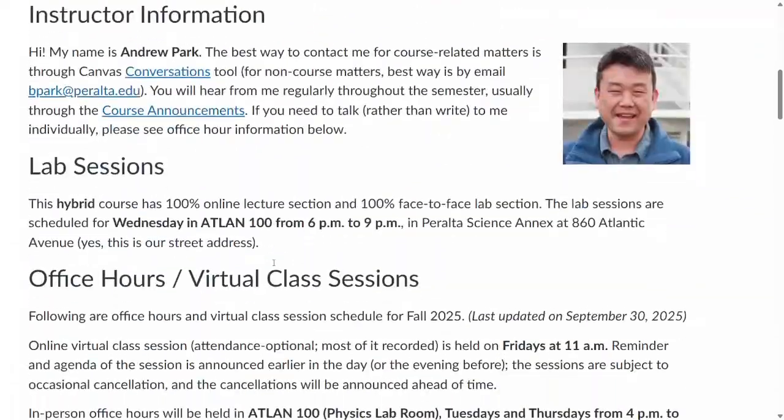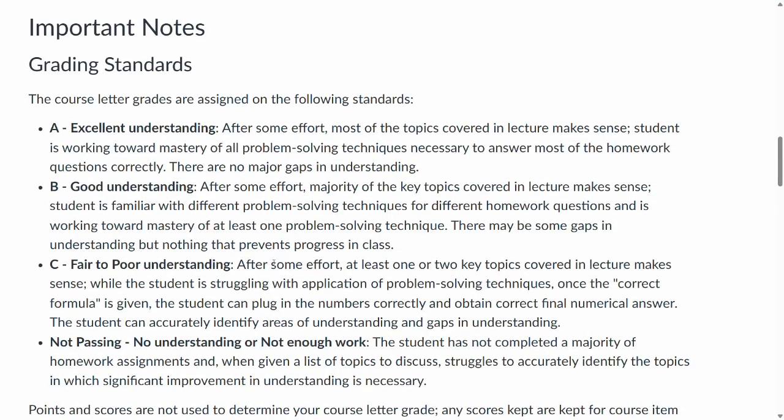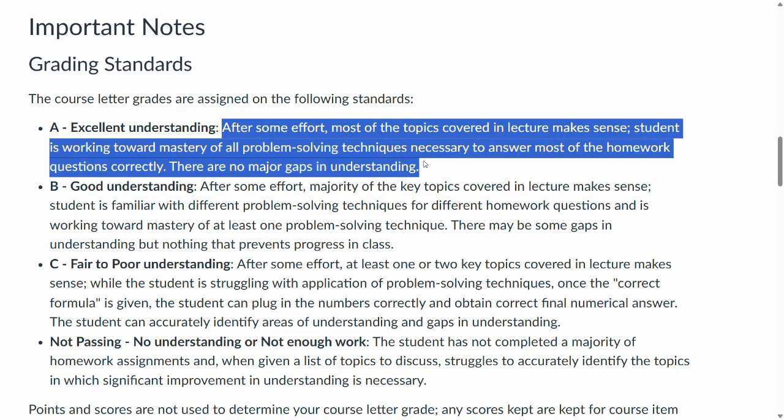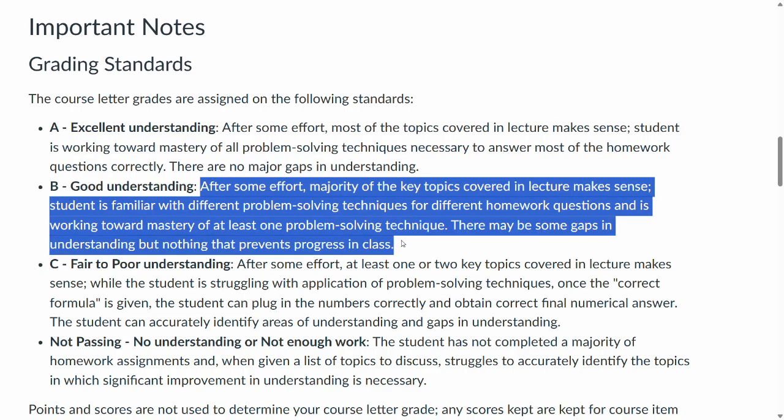So in the Physics 4A syllabus, you see here, these are the grading standards. For A, excellent understanding, and there's this qualitative description that describes an A student. And B, good understanding, and again, there's this qualitative description.